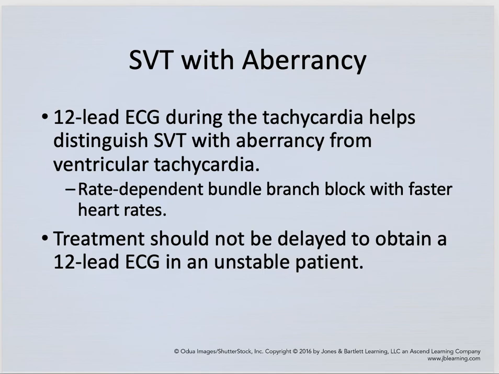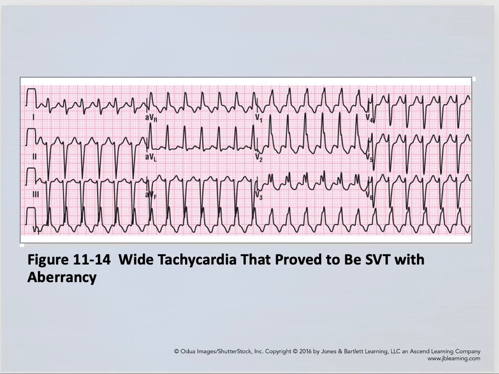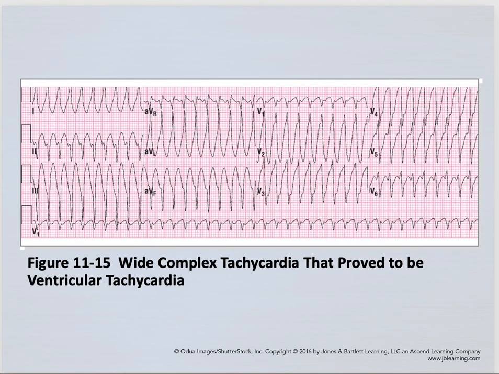The important thing is to look at rate-dependent bundle branch blocks. The treatment is not to be delayed. If the patient is unstable, we really want to make sure we get them help right away. This is a very wide-looking tachycardia. This is SVT with aberrancy. Here is another one, a wide complex tachycardia that can be confused with VTach.